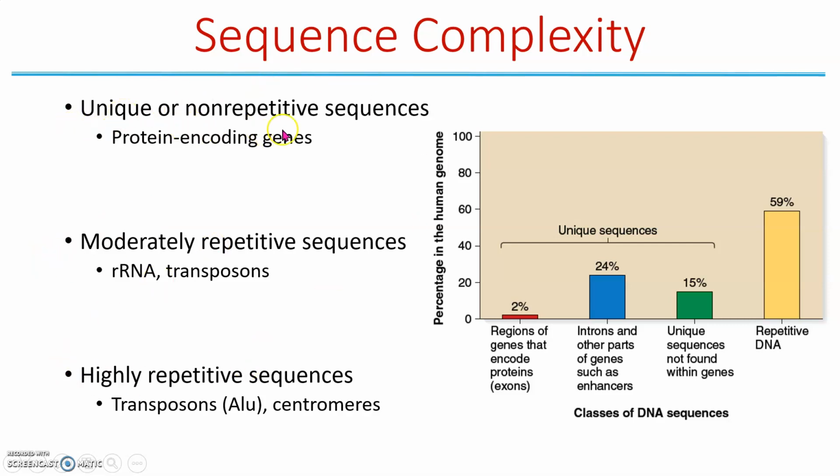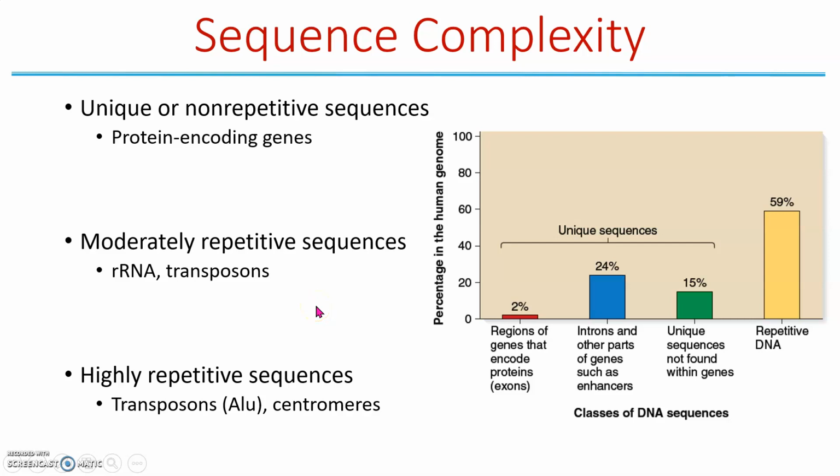So our unique or non-repetitive show up usually once, maybe a couple times. These tend to be our protein coding genes. There's our exons, our introns, and then sequences outside of the genes. Our repetitive sequences are found in our rRNA genes, as well as transposons, or those jumping genes we talked about, and at our centromere region.